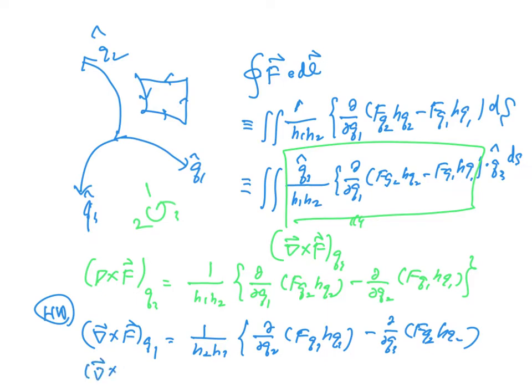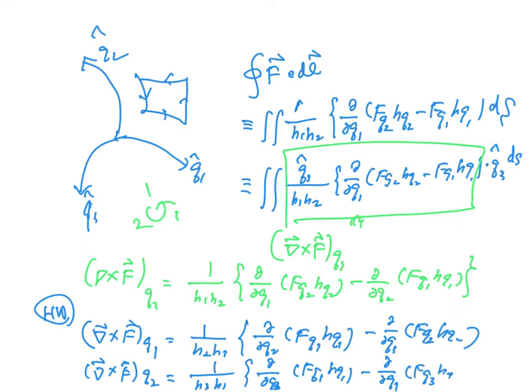And Q2, 2, 3, 1, right? This is counterclockwise always positive. You can say H3, H1, partial Q3, partial FQ1, HQ1 minus partial Q1, partial, this is 3. Of course, you cannot see Q3, HQ1.